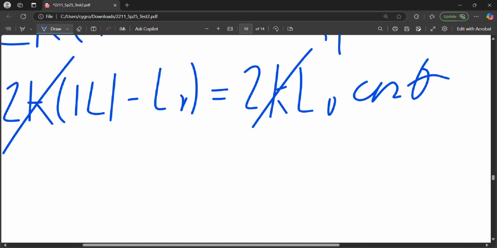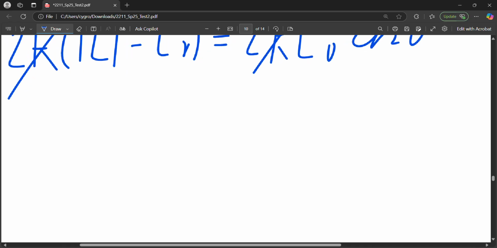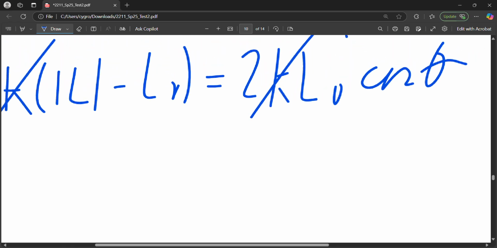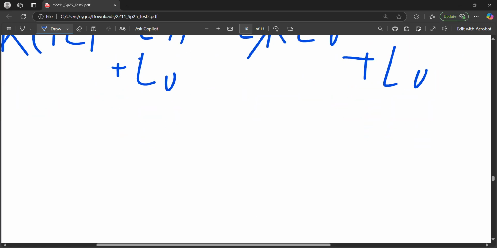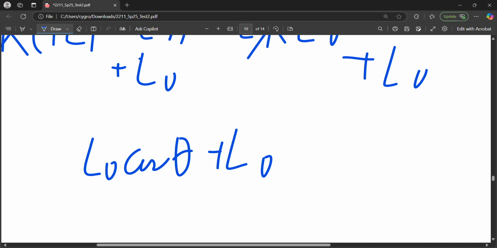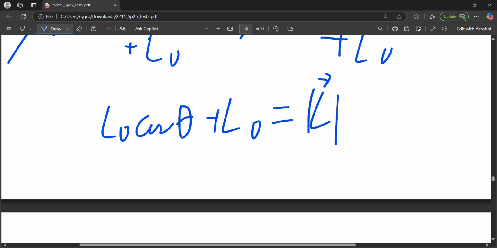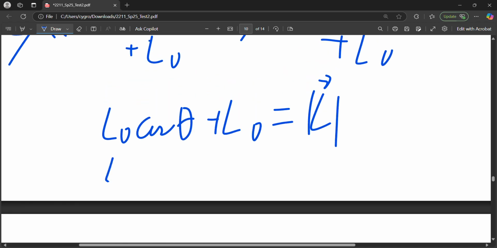We're left with absolute value of L minus L naught. If we add this L naught back to both sides, we get L naught times cosine of theta plus L naught equals absolute value of L. A little bit of better vector notation there. I should have been doing that on more things. Which, this is also just a little tangent, equal to L naught times cosine of theta plus 1.